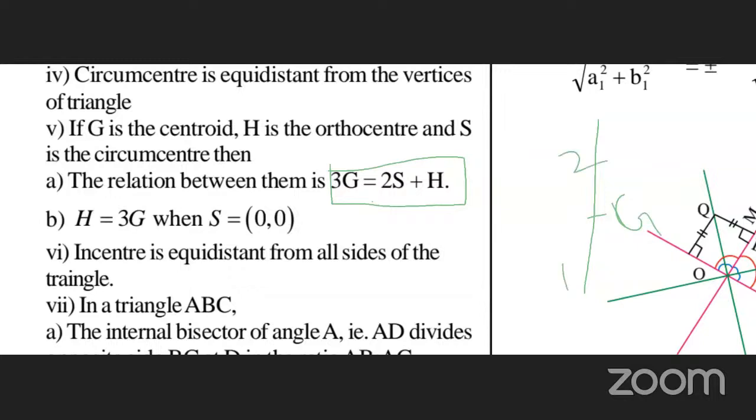That is, 2 is toward the circumcenter and 1 is toward the orthocenter. It is dividing in the ratio 2:1. This is the universal relationship between the centroid, orthocenter, and circumcenter. 3G is equal to 2S plus H.